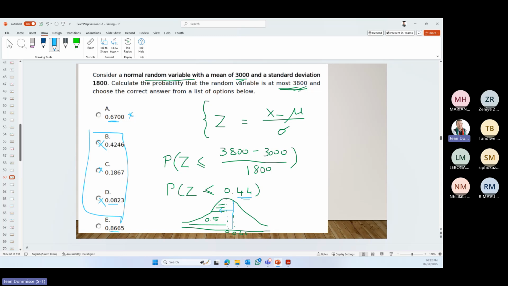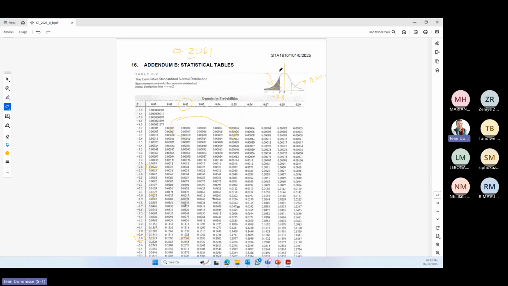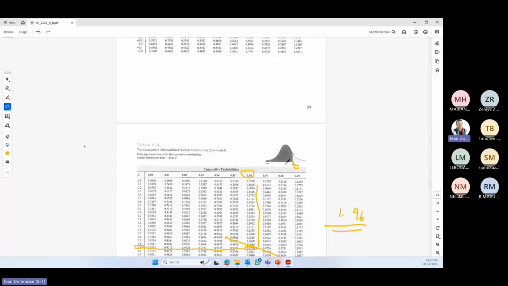So let's see, we want to get this whole area. This one is smaller than 0, so we don't really want to use this table. This one is bigger than 0, so this one is the one that we want to use.